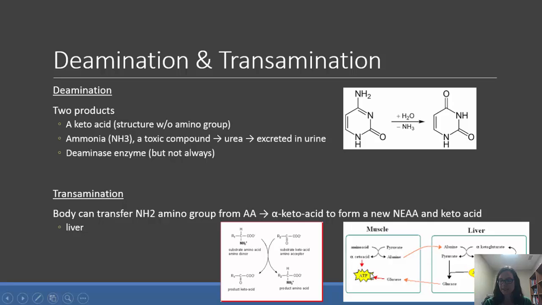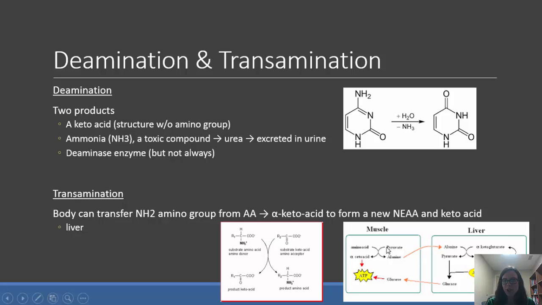So through many reactions involving many keto acids, the liver can synthesize new non-essential amino acids. And they're called non-essential because we can synthesize them in our liver. One example that we've talked about in this class is the pyruvate alanine cycle.